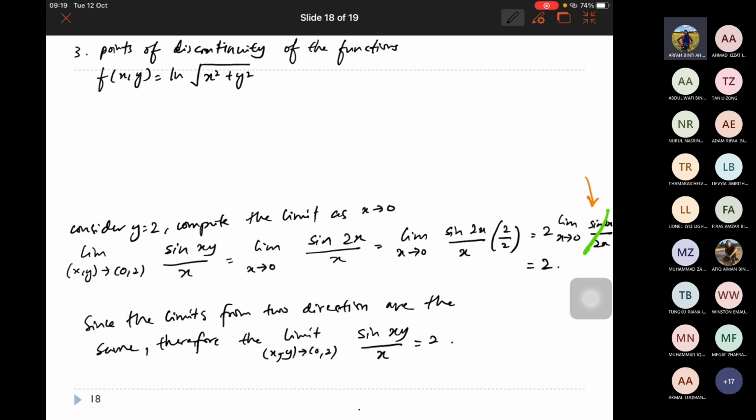Okay. So cuba tengok dekat mana point discontinuity dia. Macam mana kita nak selesaikan this function.